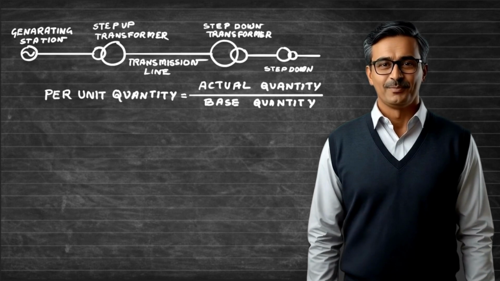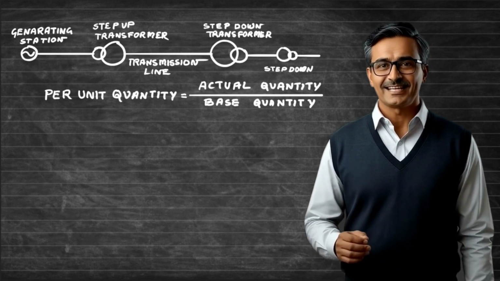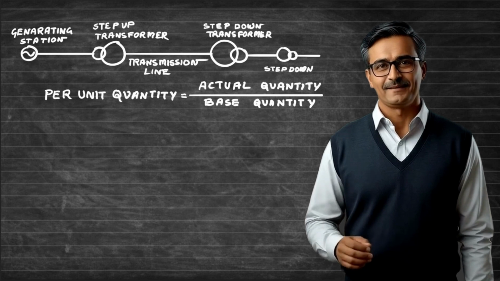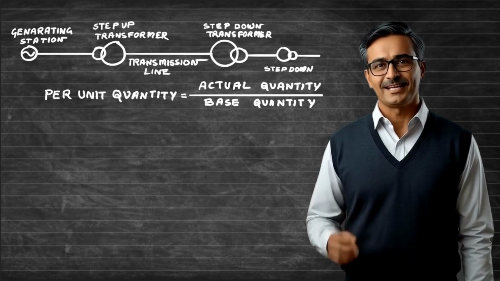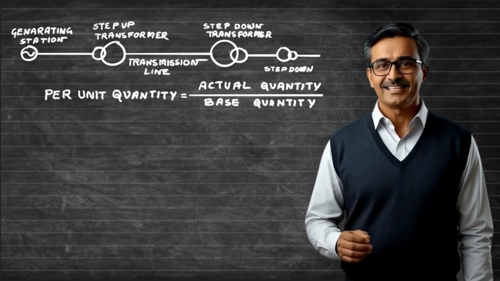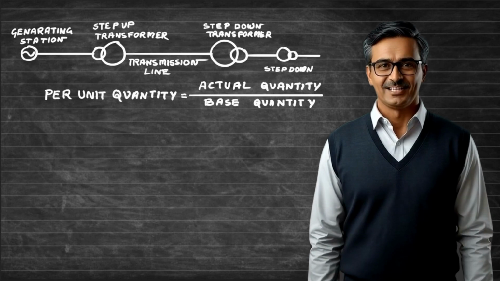Based on these two base quantities, we calculate all other quantities such as current, impedance, different voltage levels, and different capacities of the equipment. So once the base voltage and base MVA are selected, all other electrical quantities of the system can be expressed in per unit values based on these base quantities.